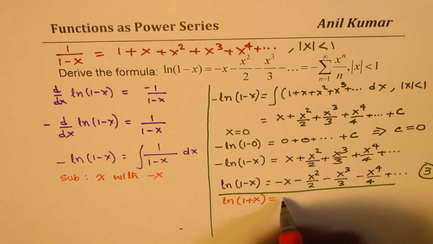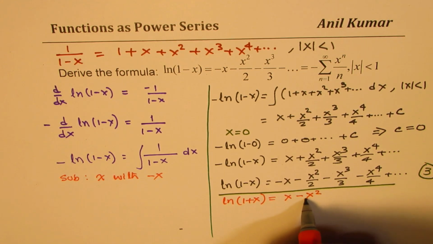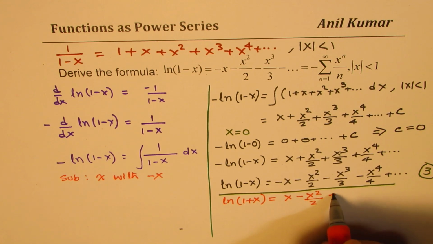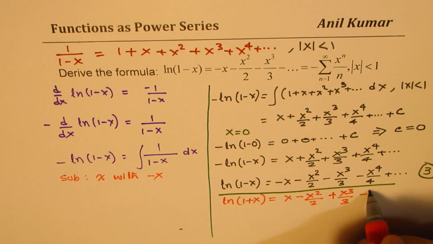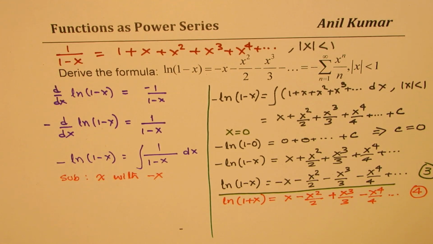It equals, that becomes positive, and I'm substituting x as minus x. So this becomes positive, but this negative remains as such, and this becomes positive. So we get x cubed over 3, that remains as negative x to the power of 4 over 4, and so on. And we get our formula number 4 for ln(1 plus x).